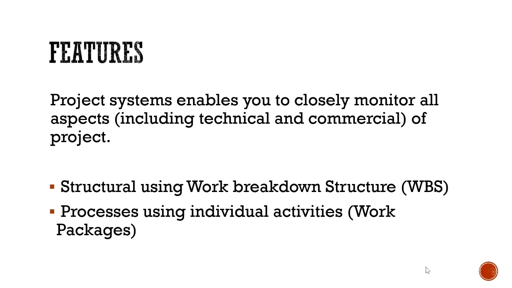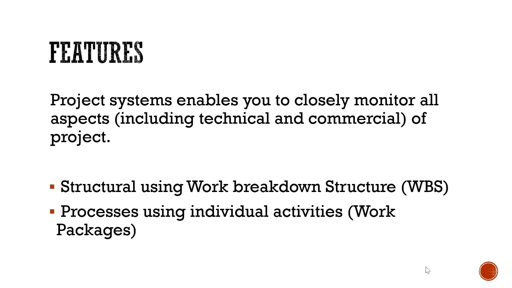Next, if we see what are the features of project systems, project systems enables the user to closely monitor all aspects, including technical and also commercial, of the projects involved.